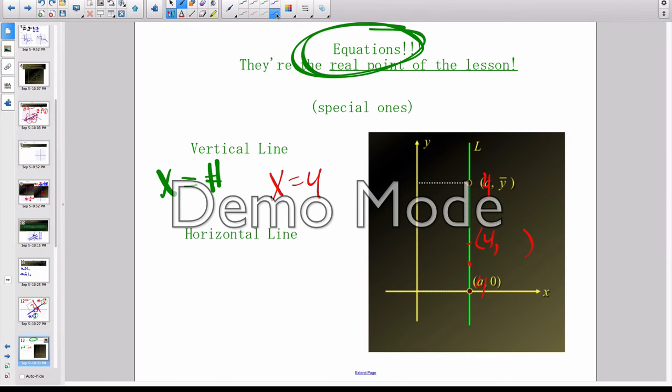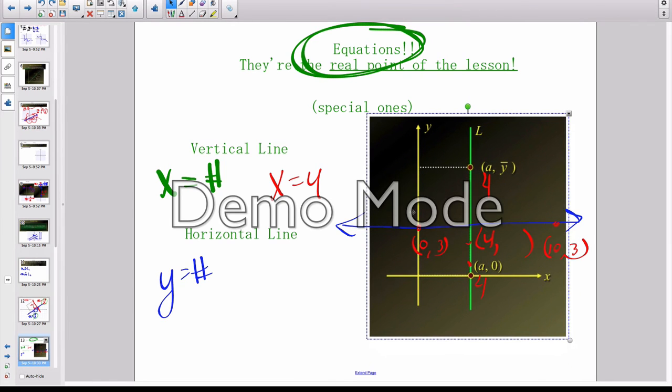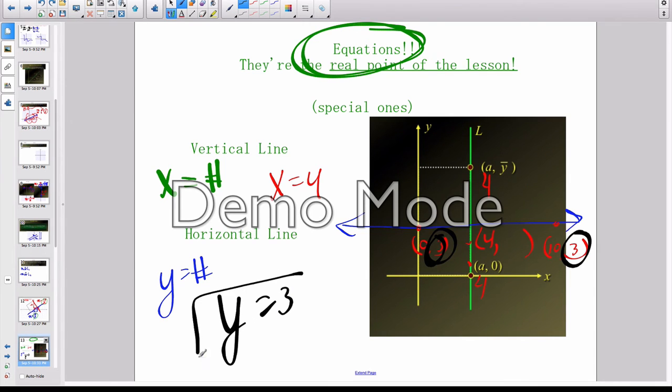Similarly, a horizontal line is going to be a y equals equation. So if that passes through the point (0, 3) and this is the point (10, 3), well, 3 is always the y coordinate. So y equals 3 is the equation of that line. So you're going to have to remember those.